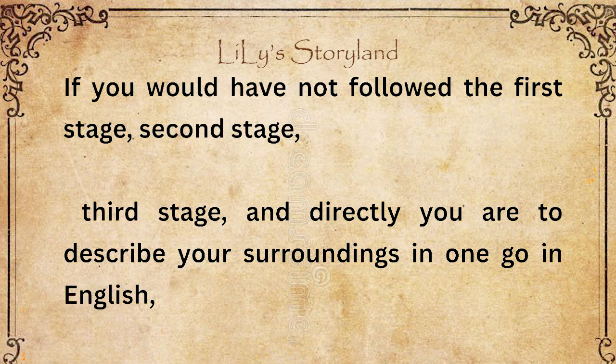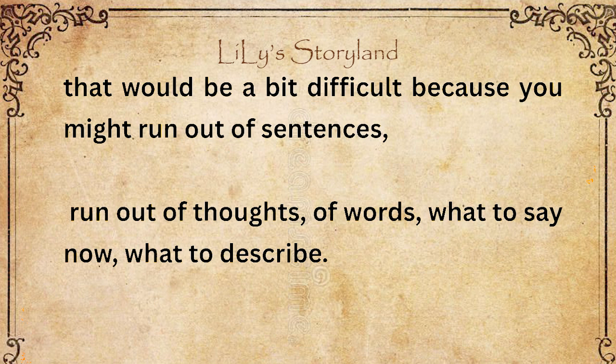If you would not have followed the first stage, second stage, third stage, and directly you are to describe your surroundings in one go in English, that would be a bit difficult because you might run out of sentences, run out of thoughts, of words, what to say now, what to describe.